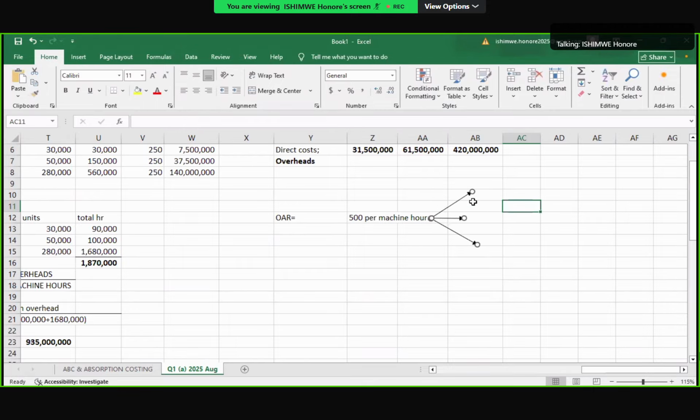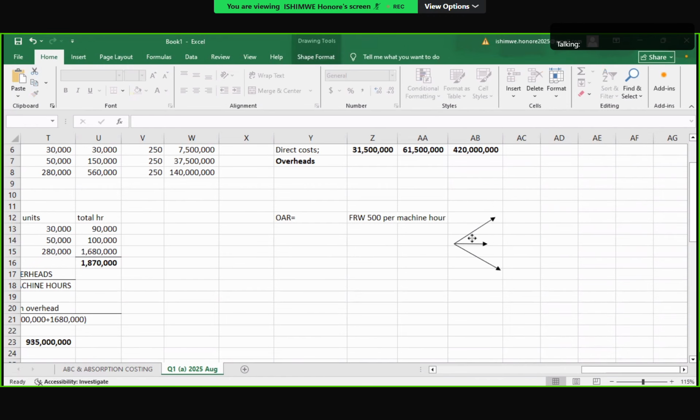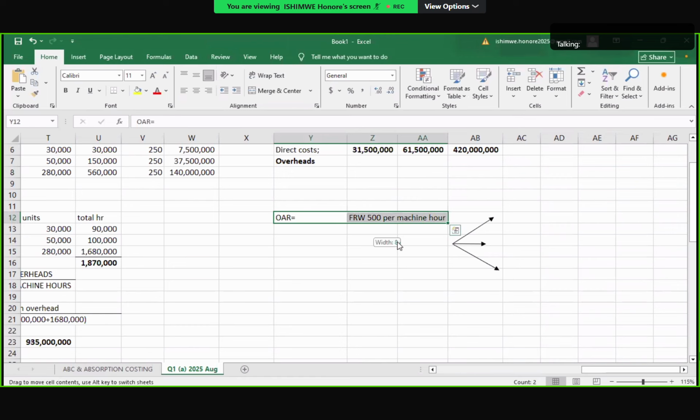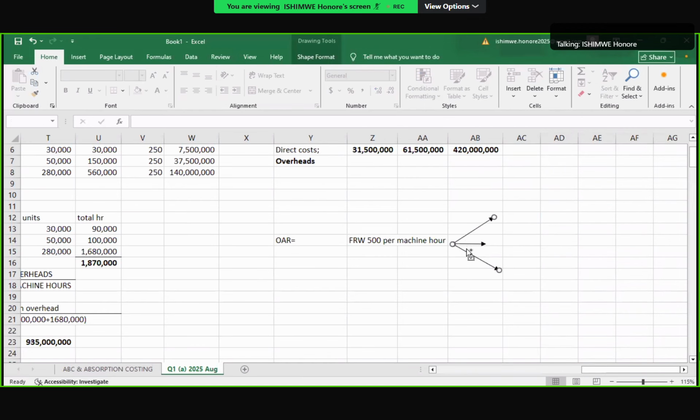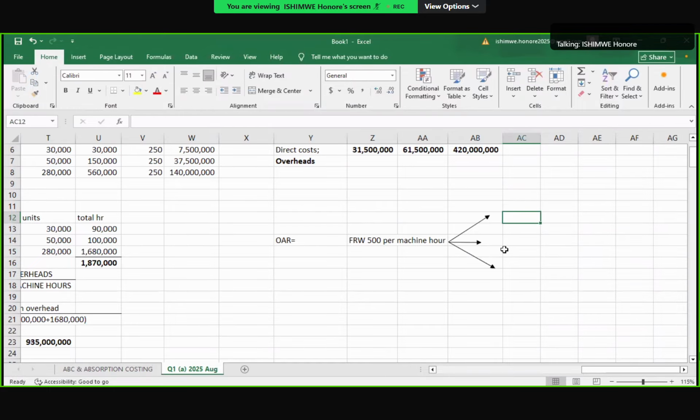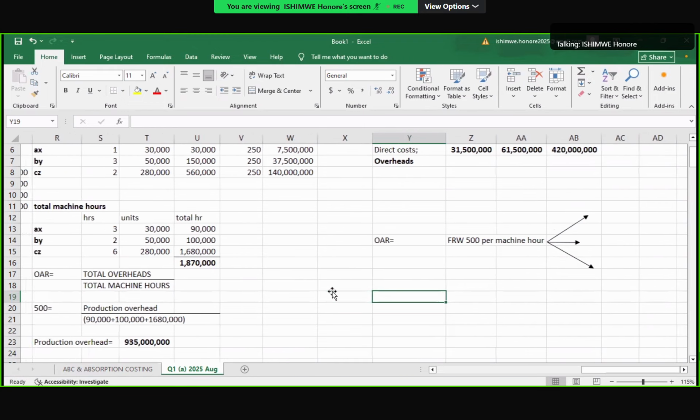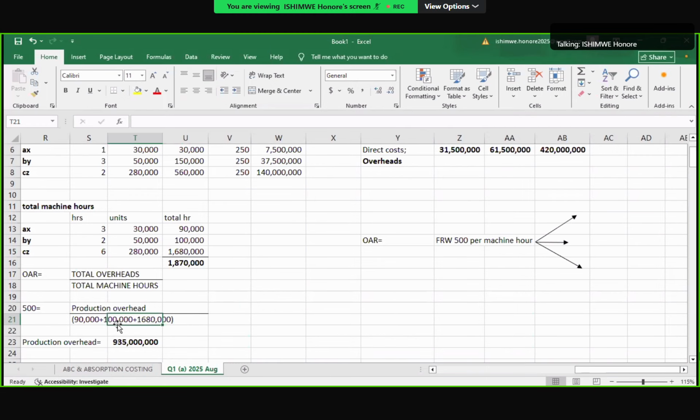This is for product 1, 2, 3 and 4. So for our product, you know what machine hours are. Remember that the 500 includes machine hours for each product. The machine hours we found were 90, 100 and so on, and these gave us 500.